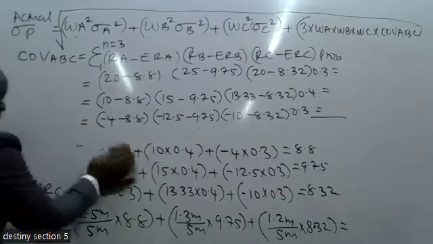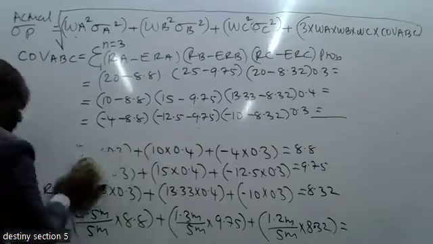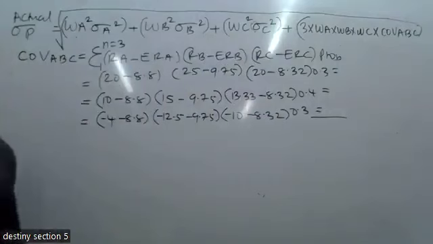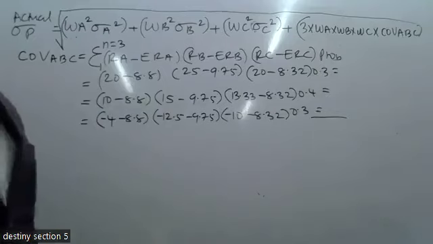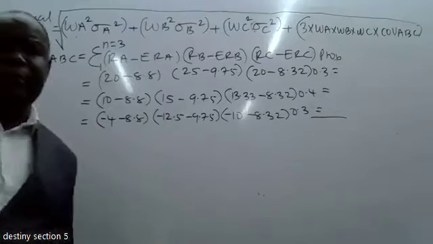It was a three asset portfolio, and we have also been given the amount that was invested in each one of them. So you combine them together. The other questions we have been doing, all of them have been two asset portfolios.